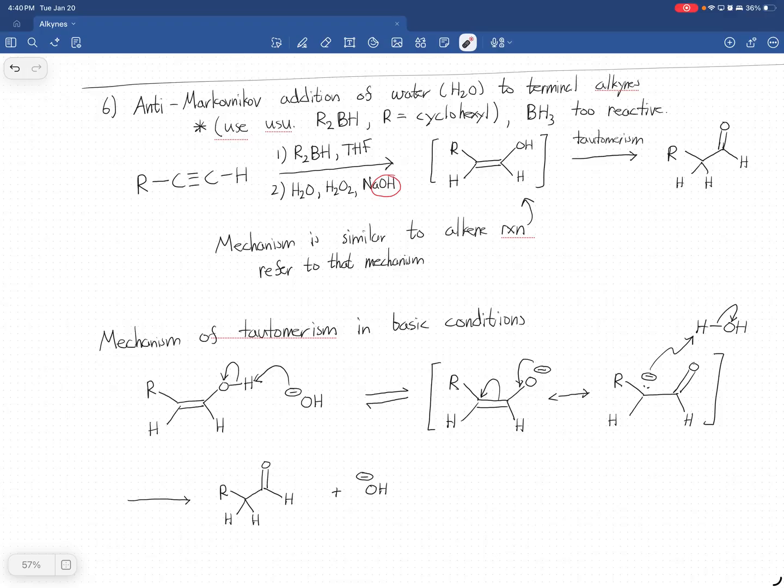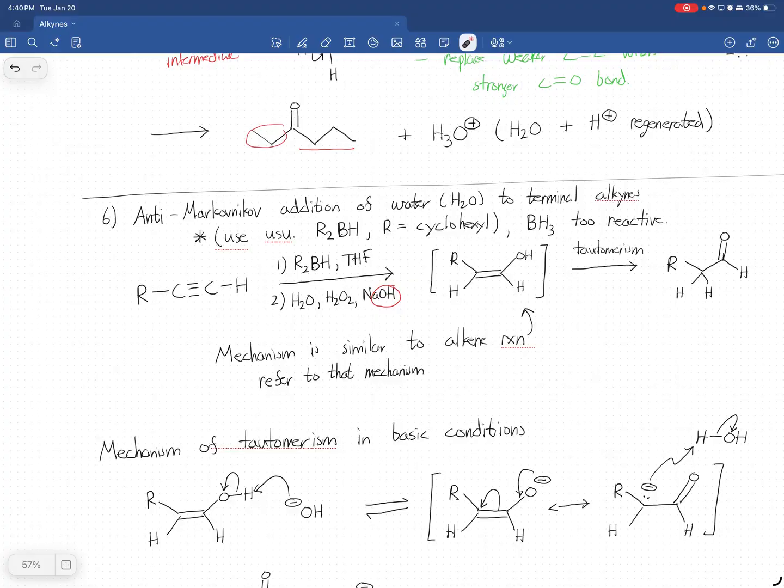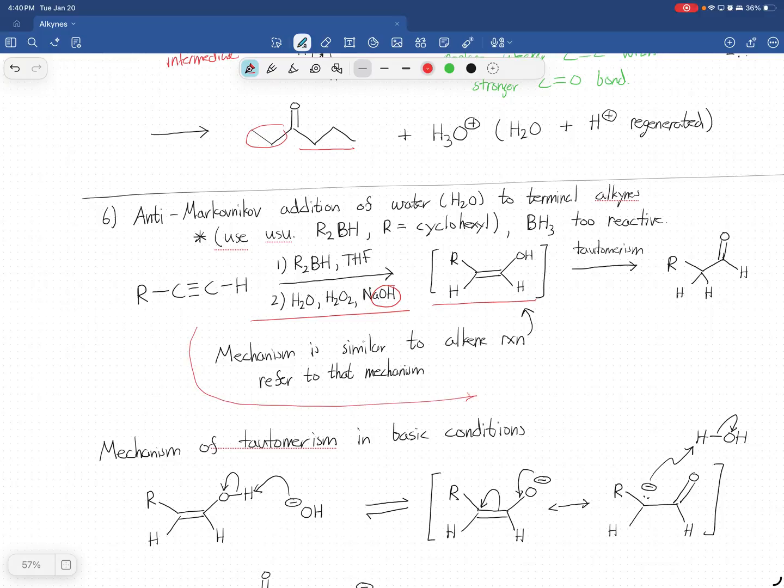All right, are there any questions about this mechanism though? So the important part is that this first step right here forms this enol intermediate, okay? All right, which comes from this step. So if we kind of think about, okay, this initially forms this.